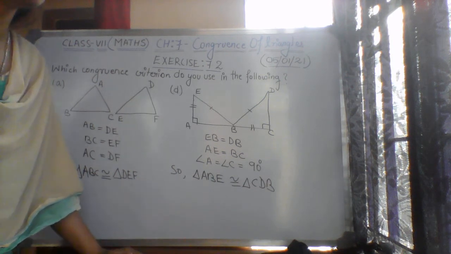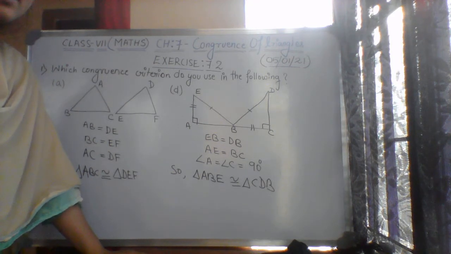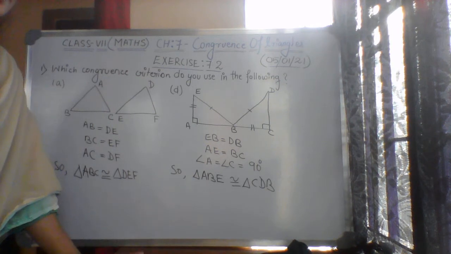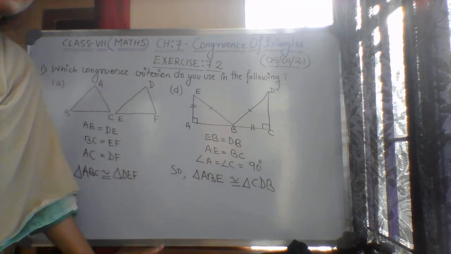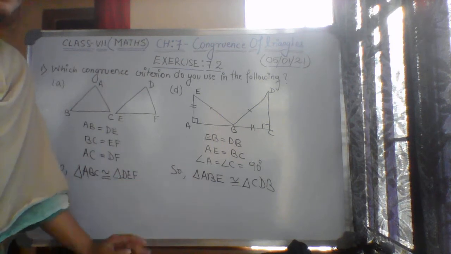Under congruency of triangles, we have learned about different criteria. What are the criteria that determine that two triangles are congruent? Recall. Yes, the first criterion you have learned is SSS, side, side, side.